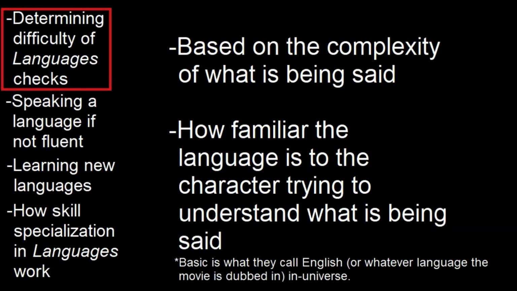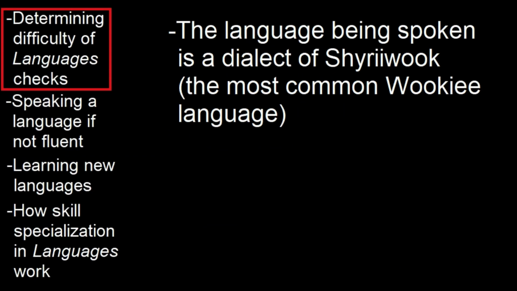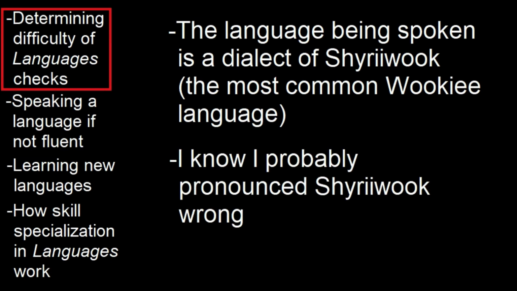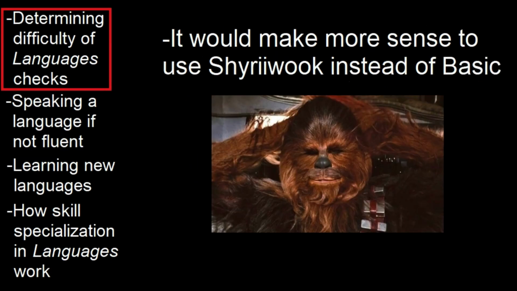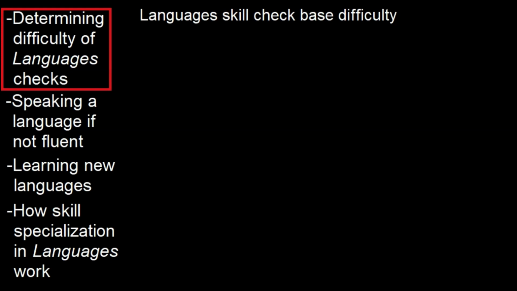However, it's common for the GM to use whatever language the character is fluent in that is most similar to the language in question. This way, if the language in question is a dialect of Shyriiwook, and Chewbacca is trying to understand it, it would have the difficulty based on how similar the language is to Shyriiwook instead of Basic. The base difficulty chart looks like this.